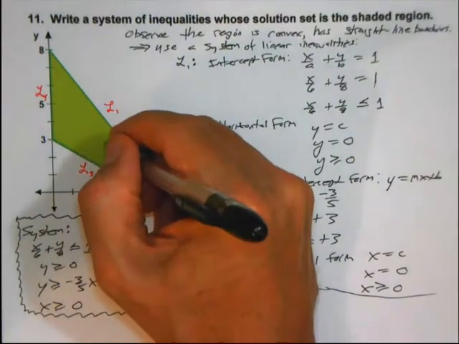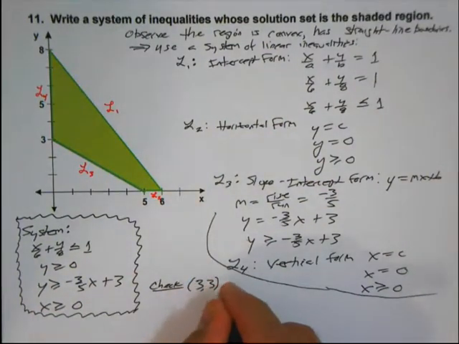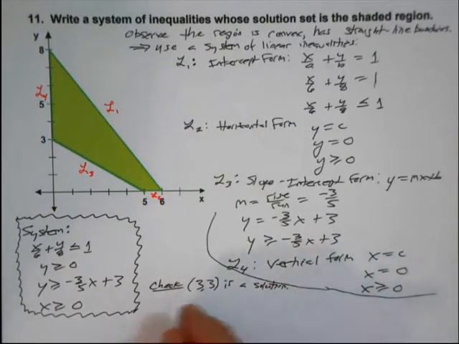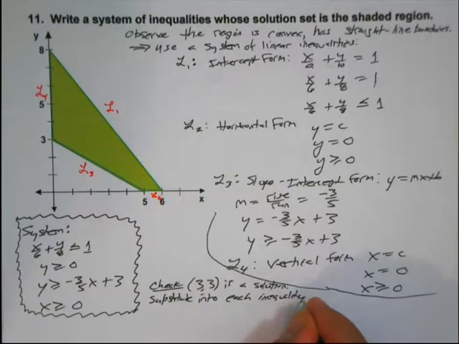How about that? (3, 3) is surely in the region here, so it's surely a solution, because it's in the graphed region. So now let's substitute it into each inequality. Since it's a solution, it has to make each inequality true upon substitution.